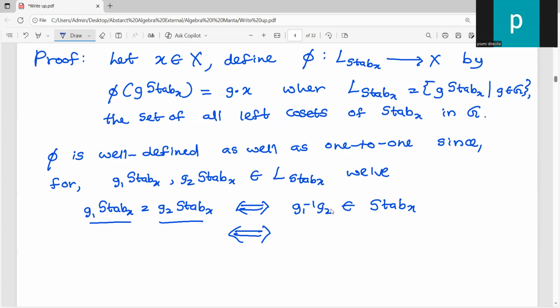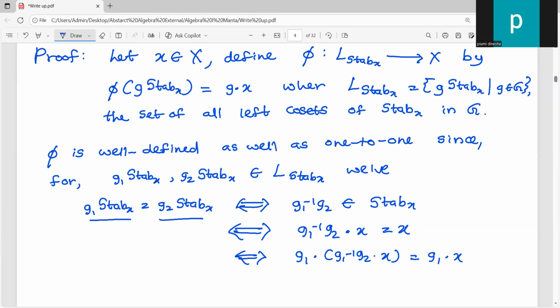Therefore, if this is an element in stab X, we must have, by definition of the stabilizer of X, G1 inverse G2 dot X equal to X, because any element in this stabilizer must be fixing X. This is if and only if. By applying G1 on both sides, we have G1 dot G1 inverse G2 dot X equals G1 dot X.